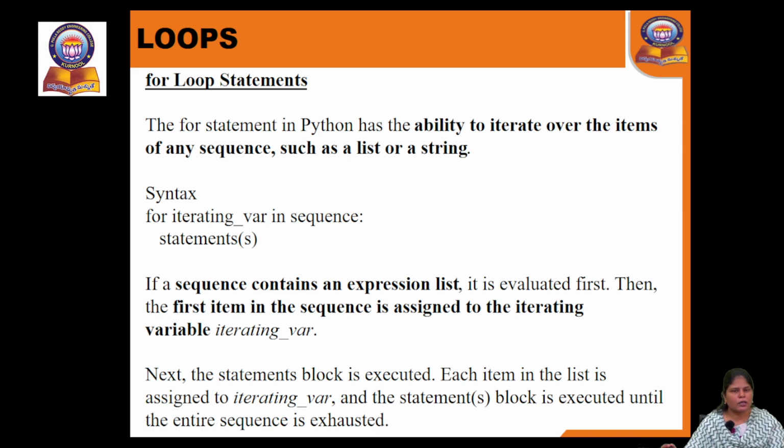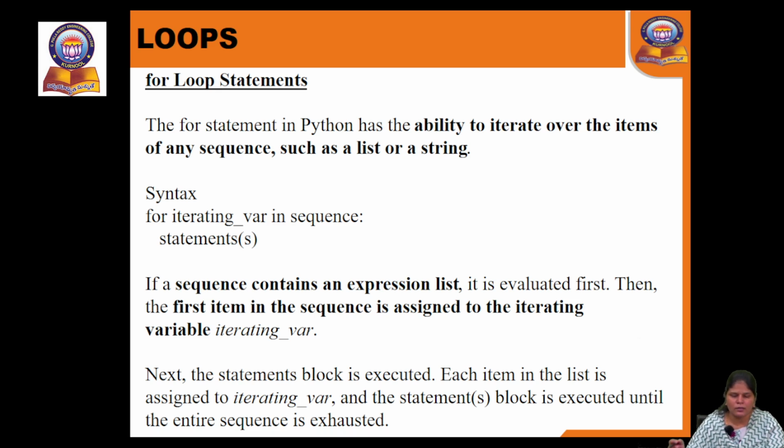Right? So coming to the next loop, for loop. The for loop in Python has the ability to iterate over the items of a sequence such as a list or a string. So if you want to deal with a list of elements, or if you want to deal with a string character by character, then in such a case you can go for the for loop.